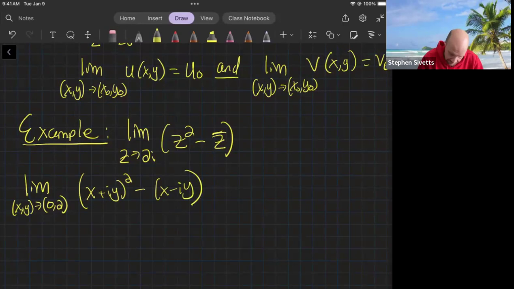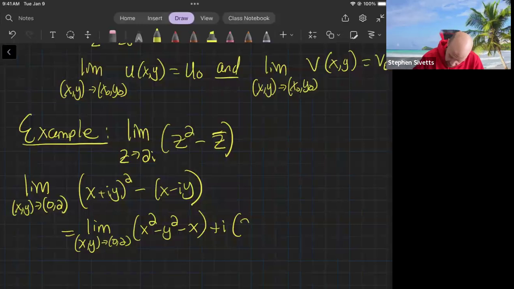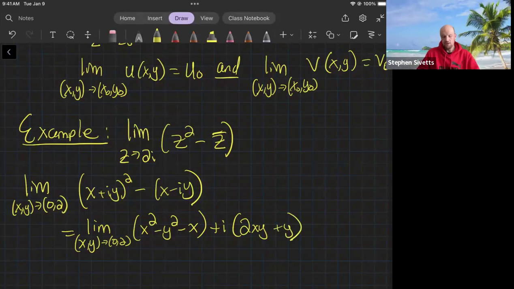This equals the limit at (0, 2) of x squared minus y squared minus x, plus i times (2xy plus y). If we write out this function in terms of the real and imaginary components, it looks like this. The real and imaginary components are polynomials.